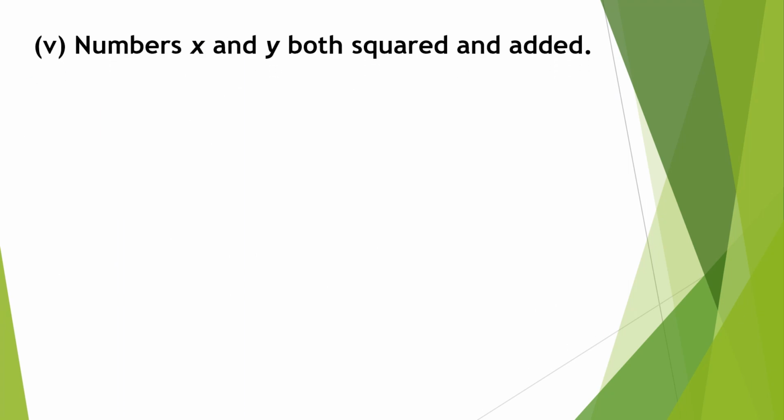Next question, numbers x and y both squared and added. Which are the numbers given here? Yes, x and y. Both squared means what? x square and y square, and added. That means x square plus y square.